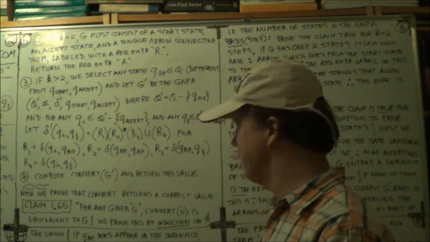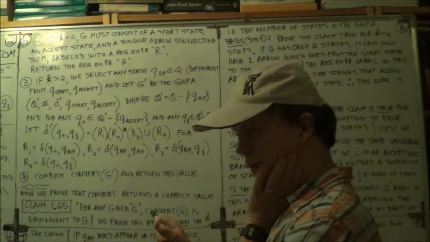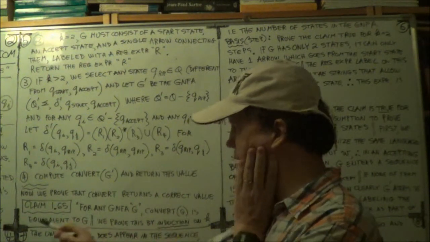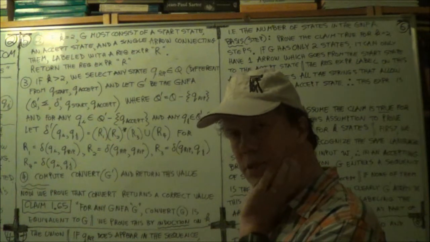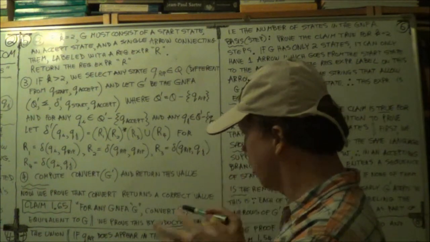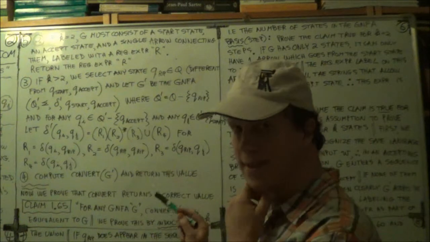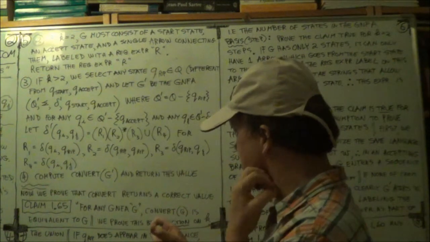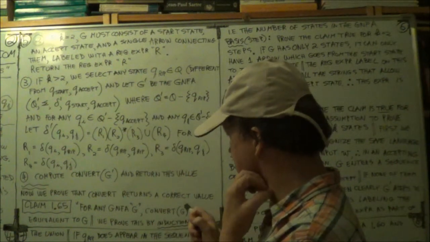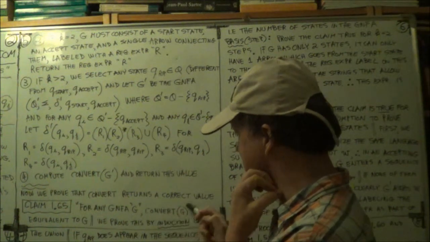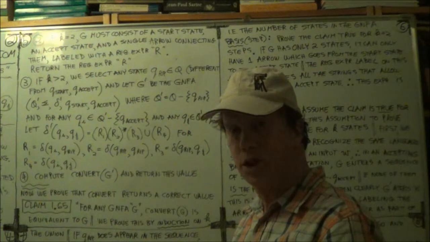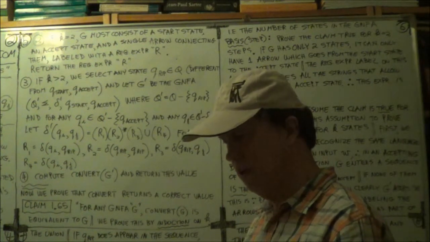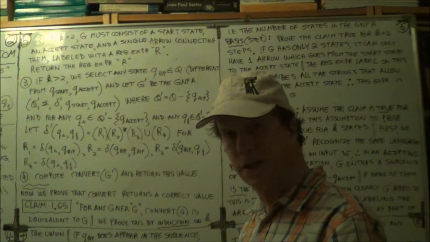In other words, it's giving us regular expressions that are equivalent to G. Okay, that's what we have to prove, that this works as desired. So we have to prove that the regular expression given by convert is equivalent to the machine G. And to do that we use induction, an inductive proof.